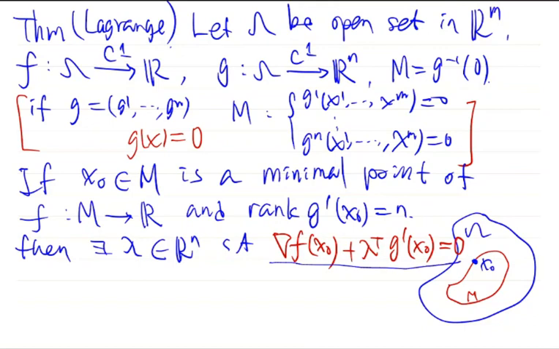The derivative of G at x0 is an n by m matrix, and lambda transpose is a 1 by n row vector. Therefore, the multiplication of lambda transpose and DG(x0) is an m-dimensional row vector. The gradient of f at x0 is also such a vector, so we can add them together. The conclusion is that we can find a suitable lambda so that this is 0.